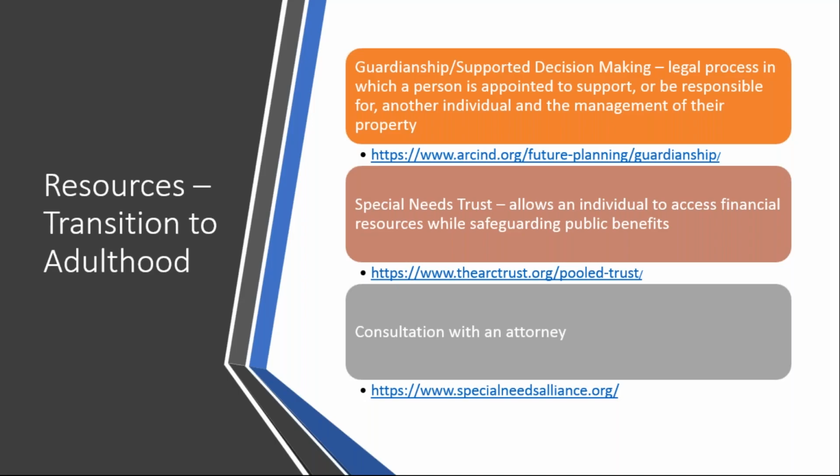There's also something called a special needs trust that allows an individual to have access to financial resources while not having public benefits taken away. You can find more information about this through the ARC as well. And when all else fails, if families have questions about these types of planning for the future, we absolutely recommend that they consult with an attorney, for example, through the Special Needs Alliance.